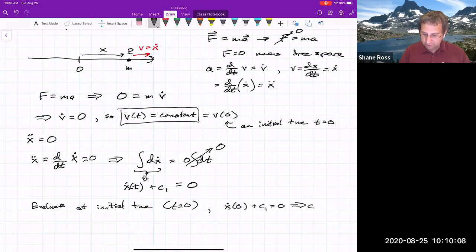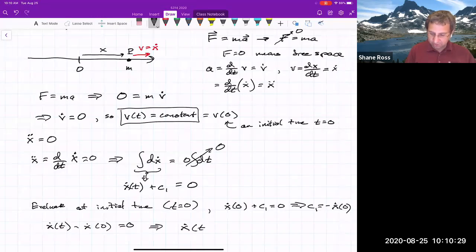That gives us that c1 equals negative of the initial x dot. Okay, so that means x dot at t minus x dot at 0 equals 0, which is just another way of writing that the velocity at any time is what the velocity was initially.